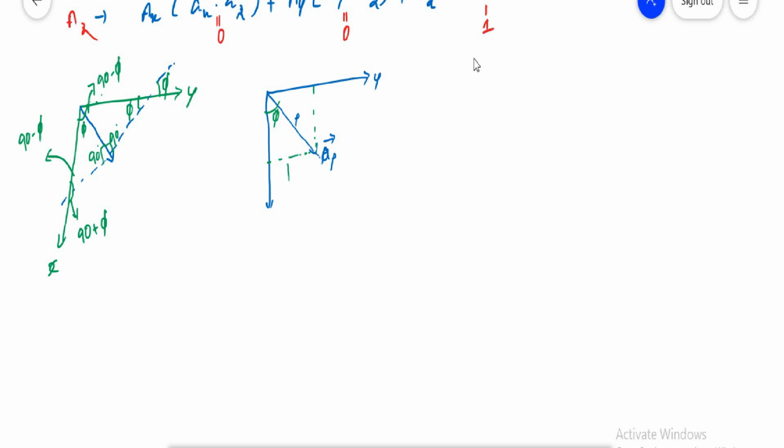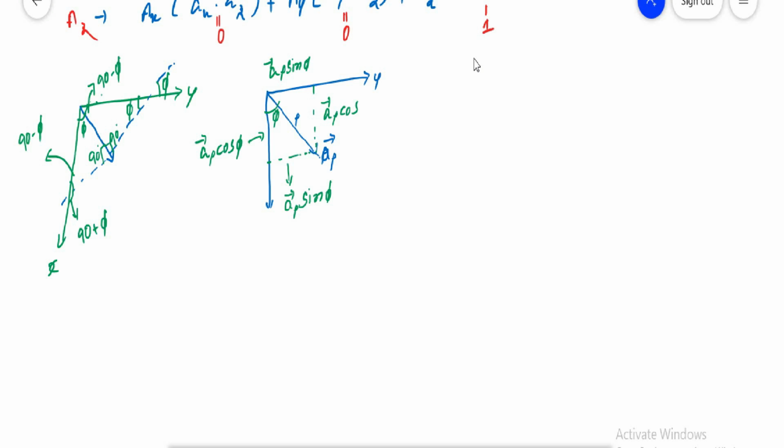This is nothing but your A rho. Can I write A rho sin phi? This is your A rho sin phi, and this becomes your A rho cos phi. This is also A rho sin phi, and this is your A rho cos phi.